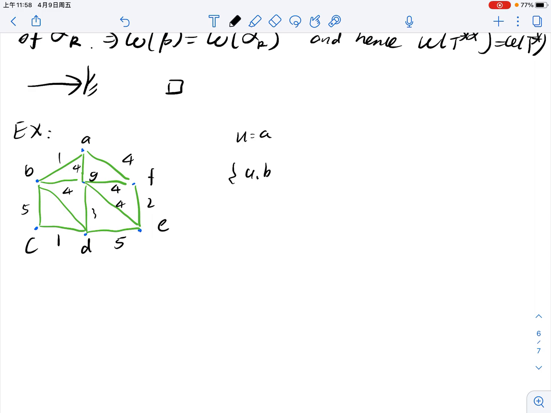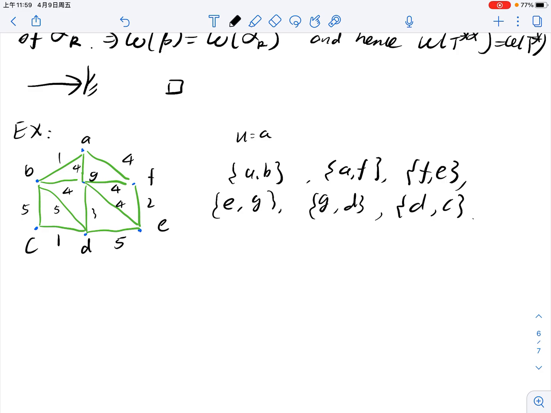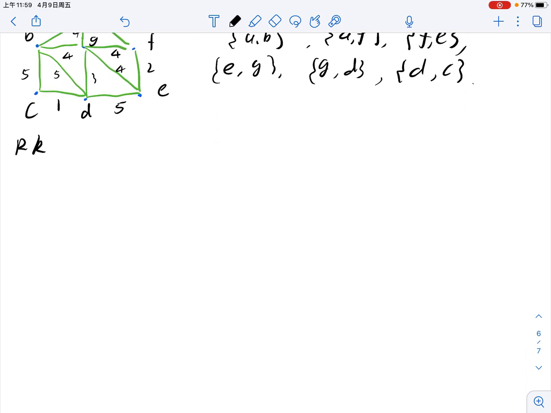Then we have AB, and we choose the smallest weight edge connecting to AB. We should have AF, AG, or BG. Let's choose AF. Then you can have FE, EG, GD, DC. You can also have some other choices. Here I just give one example of a minimum spanning tree.